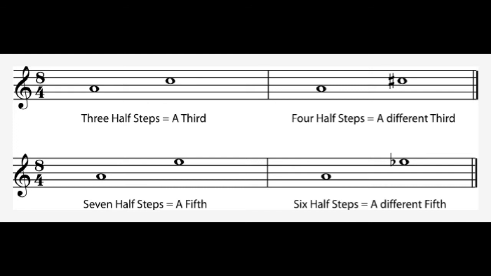So in the second step of identifying an interval, clef, key signature, and accidentals become important so that you can get an exact name for the interval. So the second step to naming an interval is to classify it based on the number of half steps in the interval.